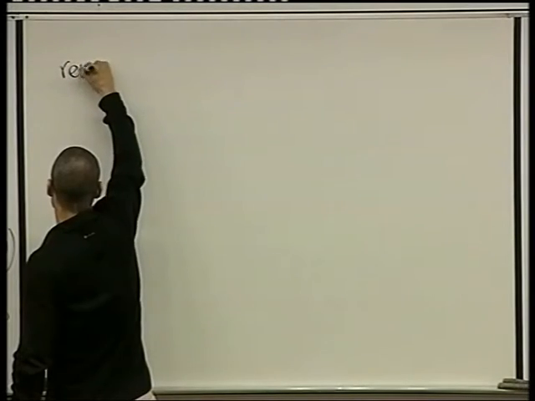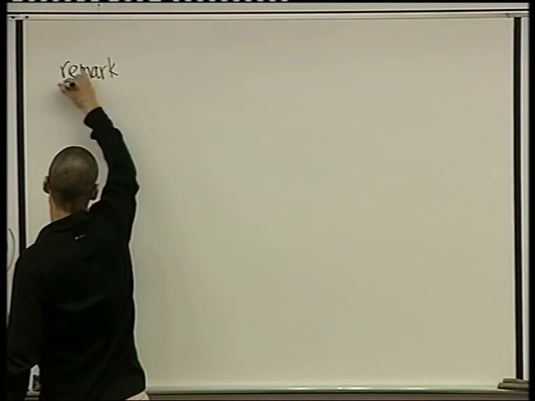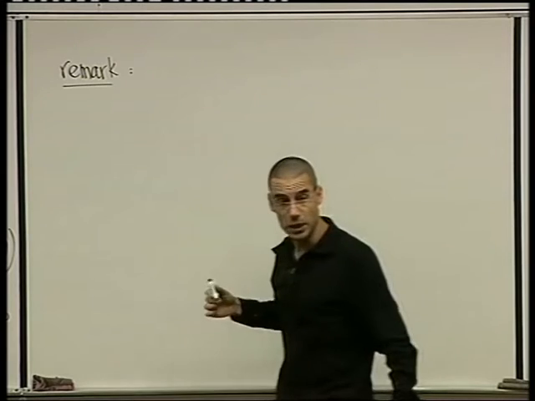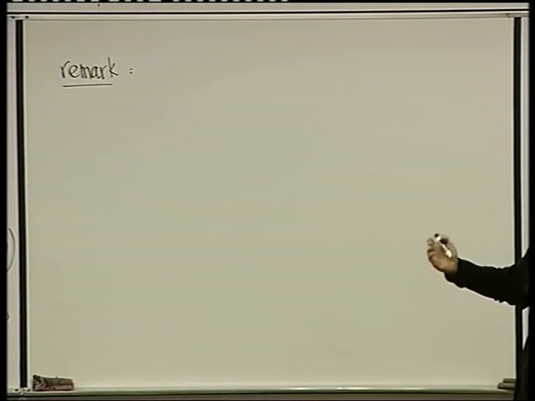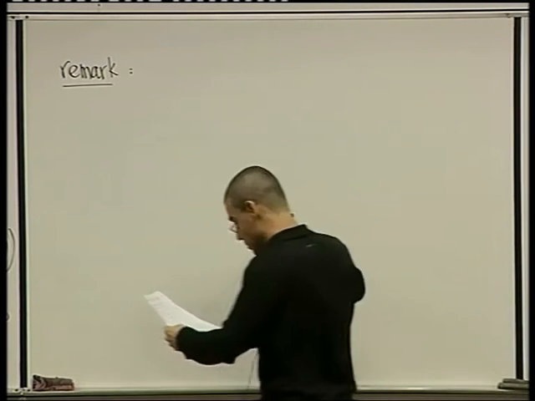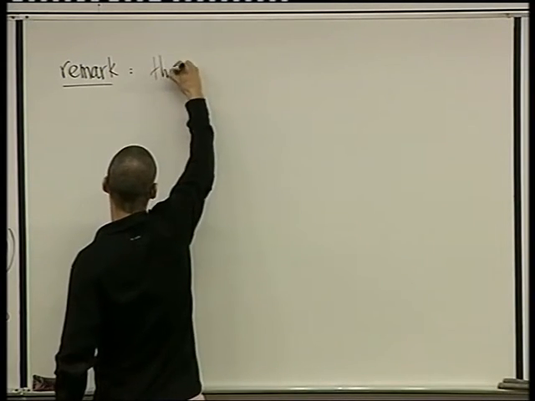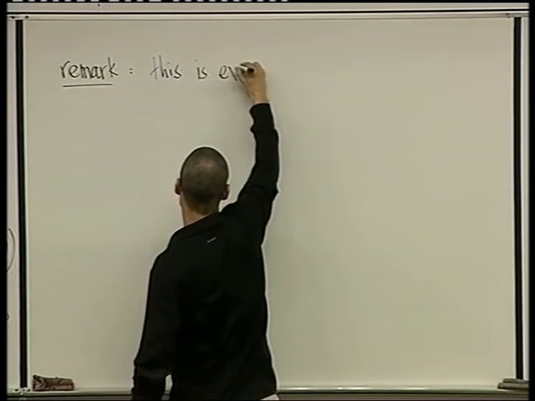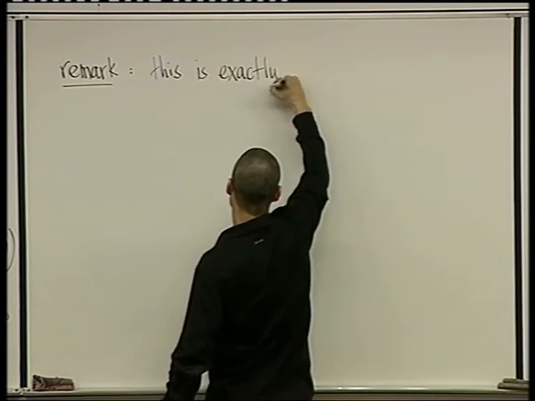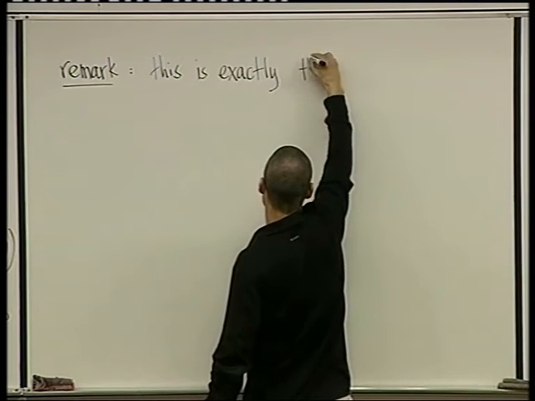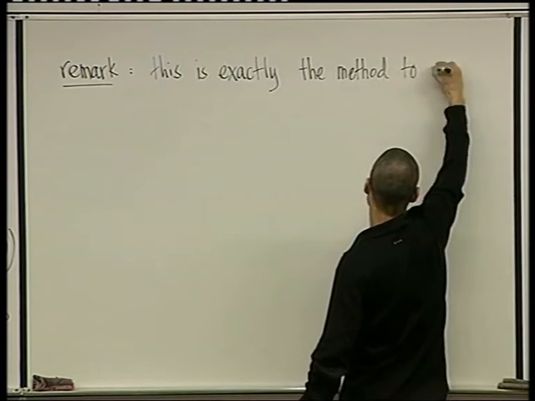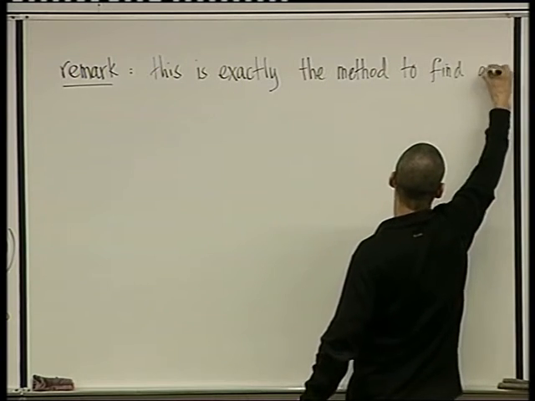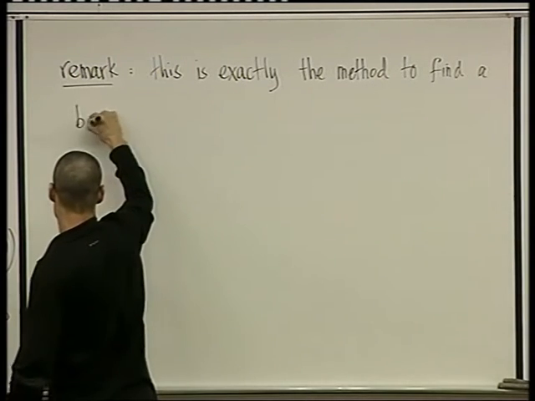Remark, just re-saying things that we already know, that's what we use in order to find what is row of A, what is a basis for row of A, for example. So this is precisely how we find, this is exactly the method to find a basis for row of A.